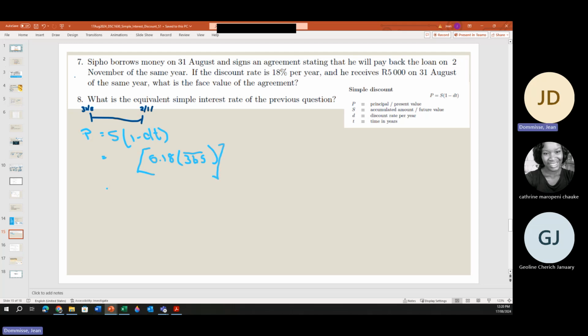Okay, so the principal that he receives is 5,000. We will need to work out what that face value, the S, is. So let's quickly look at 2 November to 31 August.